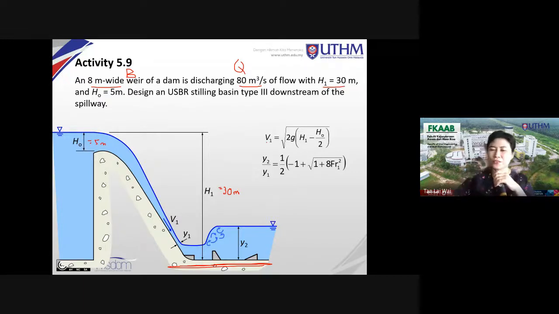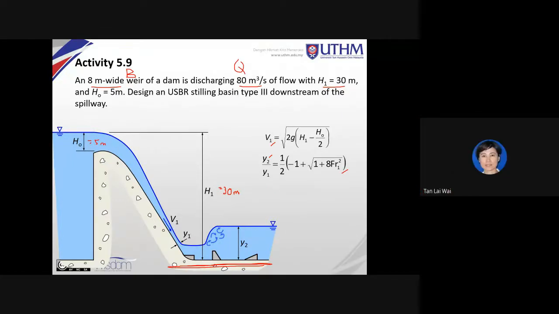Now, since I need to find Y2, I need to find Froude 1. If I want to find Froude 1, I need to find V1 first and Y1. Y1 is it given? Y1 is not given, eh?